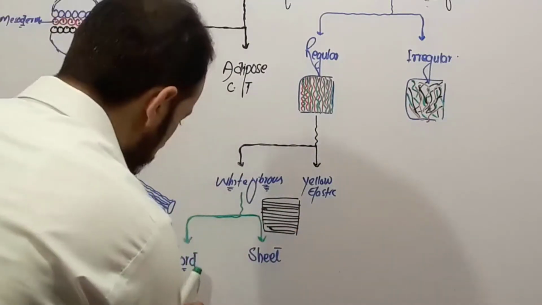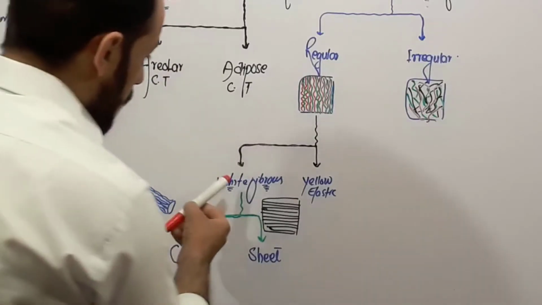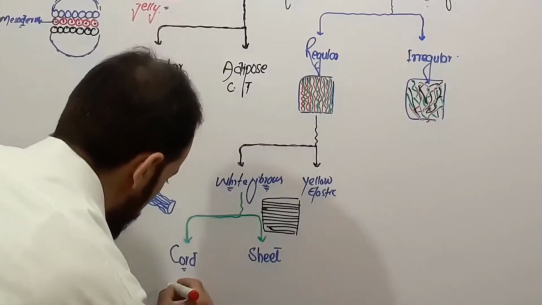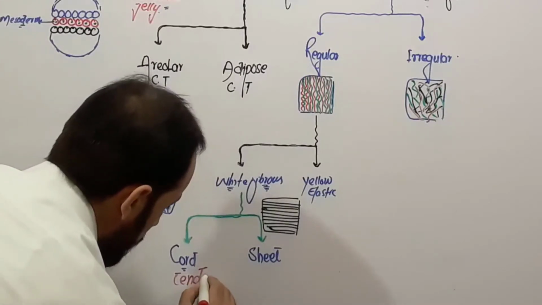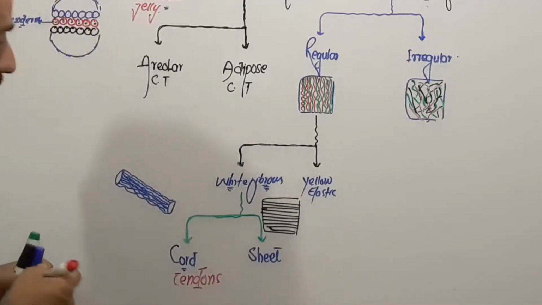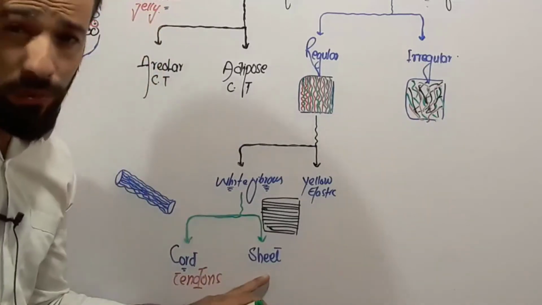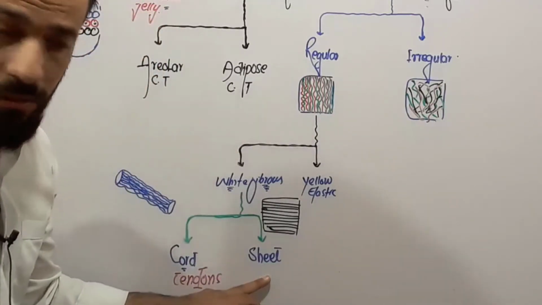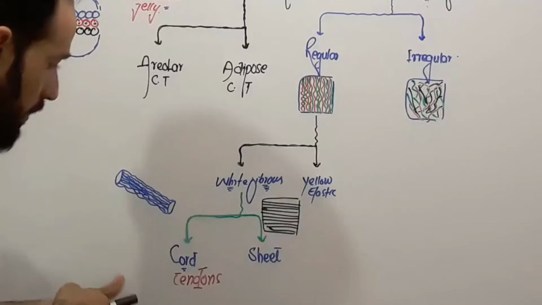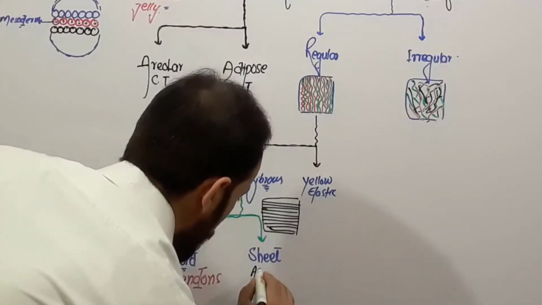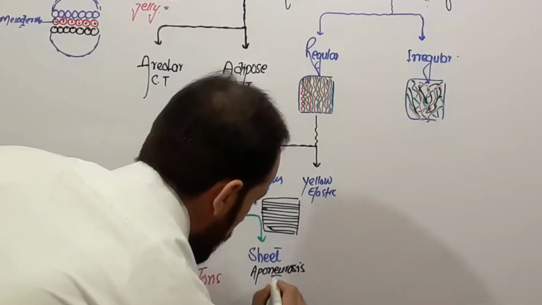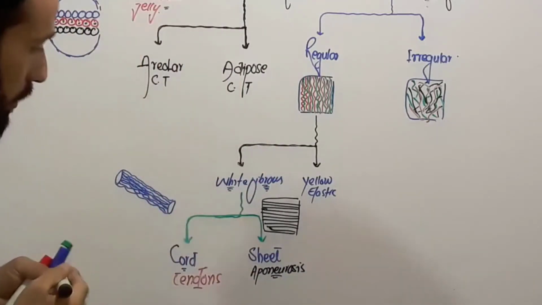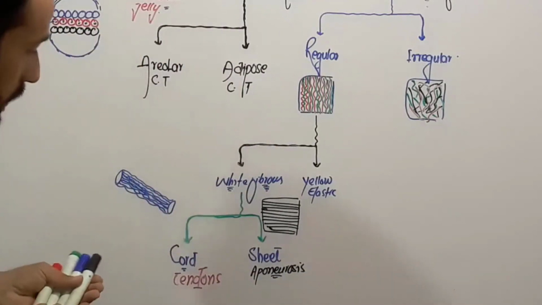Okay, what are the examples of these cord shape white fibrous? The examples of them are the tendons. Tendons are the examples, and here the aponeuroses are the examples of the sheet form. Aponeuroses are present in sheet form, right?